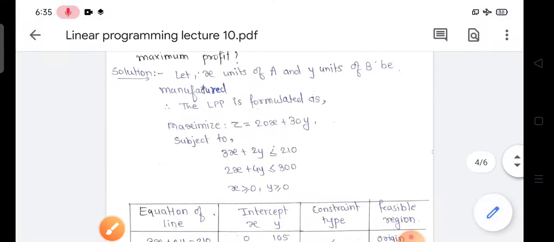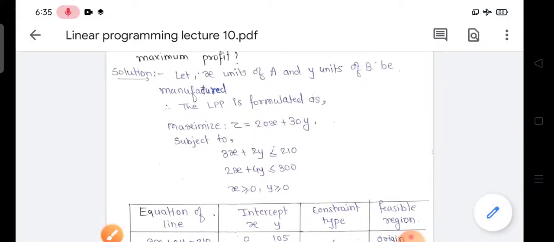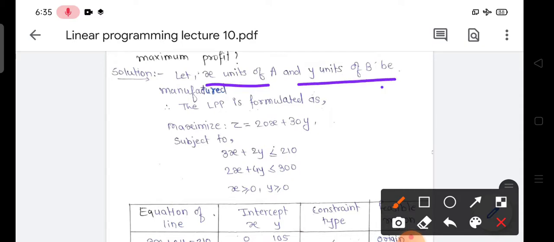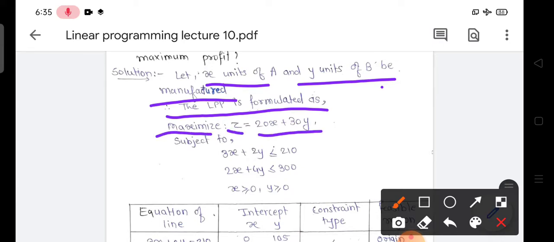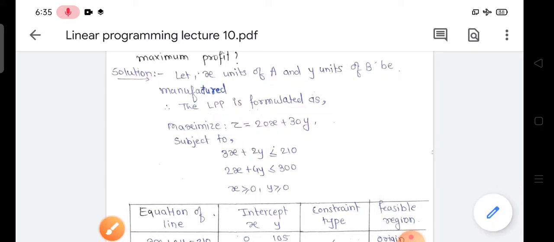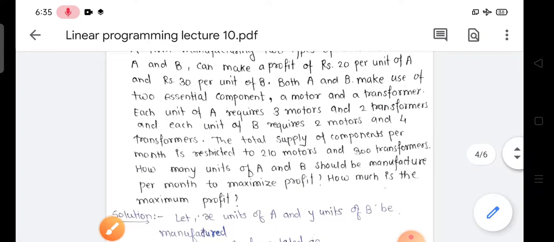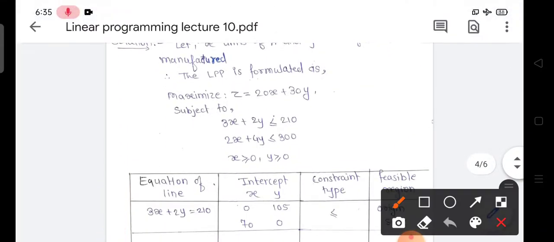Okay, let X units of A and Y units of B be manufactured. Therefore LPP is formulated as: maximize Z equals 20x plus 30y subject to 3x plus 2y less than or equal to 210. Isn't it?